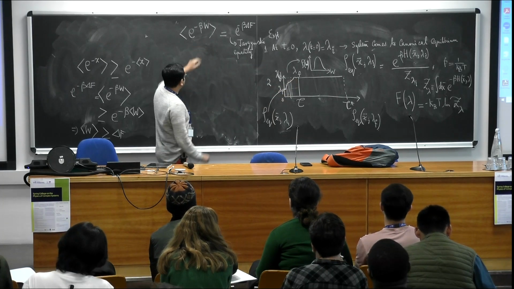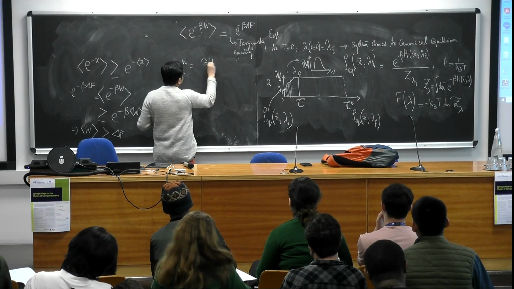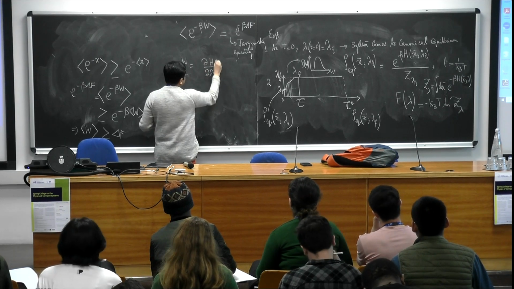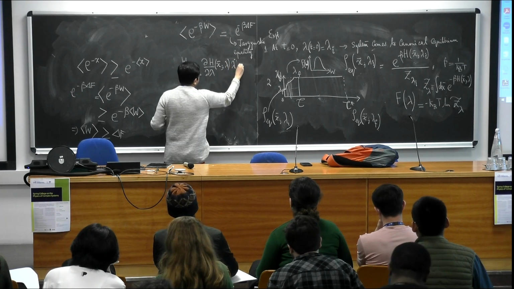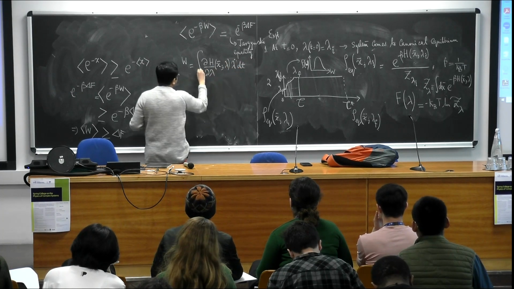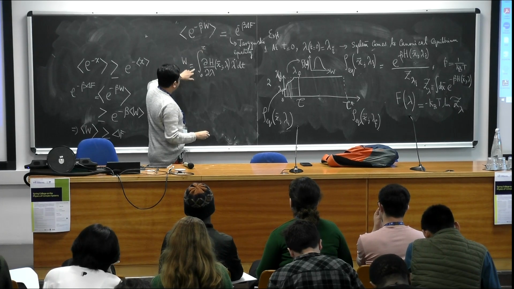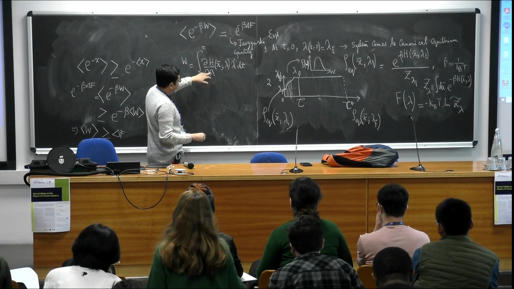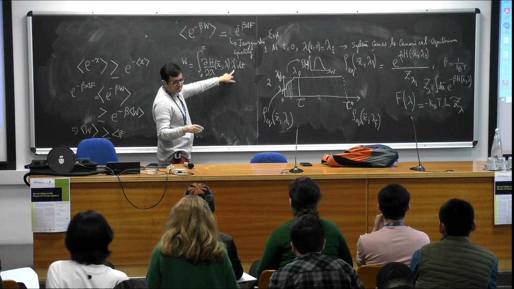Because this W, the function itself, depended on how lambda changes as a function of time, no? This is the definition of W. So you may think that the left hand side, which is the average of the exponential of this guy, depends on the explicit form of the function lambda as a function of time.